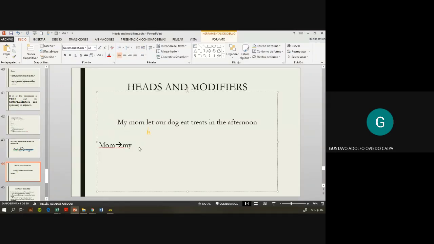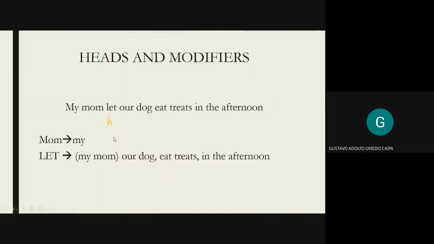So I can say that the verb let has the following elements. Well, obviously my mom, but remember that my mom, since it is the subject, is obviously a complement. But we can also say our dog, eat treats, and in the afternoon. These are modifiers of let.